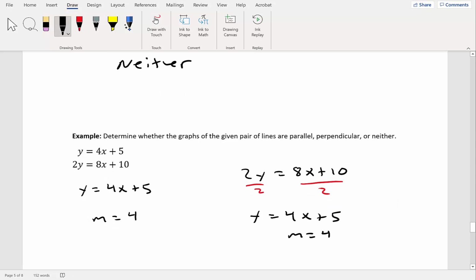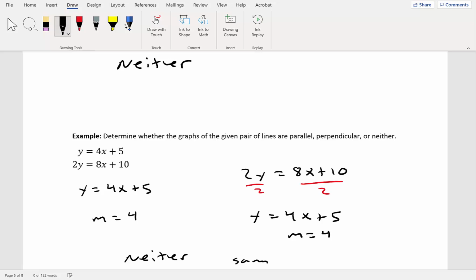So I ended up getting the same slope for each line, but be careful here, because if you take a look at the two equations, they are exactly the same, meaning this is the same exact line. Even though they have the same slope, that's not going to make them parallel, because they're actually the same line. So these two lines are neither.